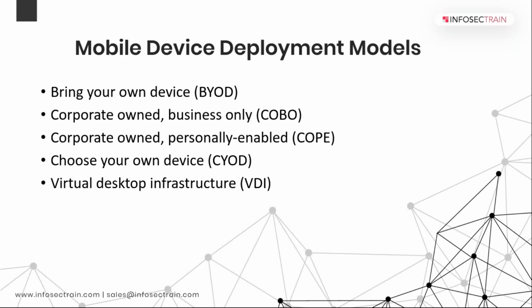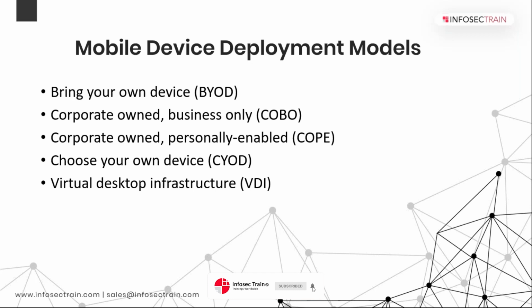Then we have this corporate owned business only. So COBO is the device. The device is the property of the company and may only be used for company business, right? Exactly as you guys have mentioned over here. Simple one. Then we have this corporate owned, personally enabled. What happens in this?